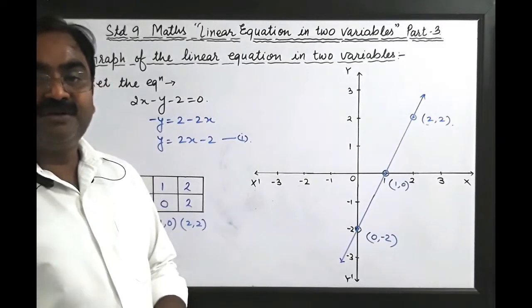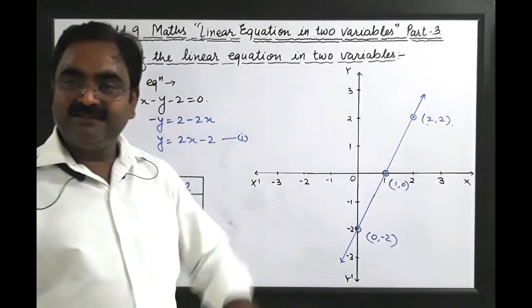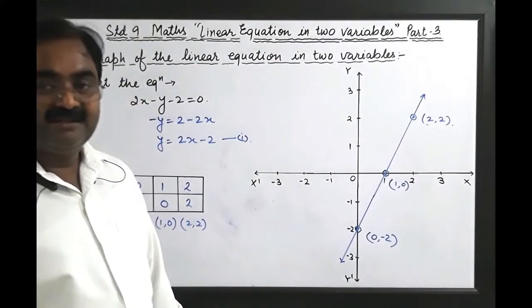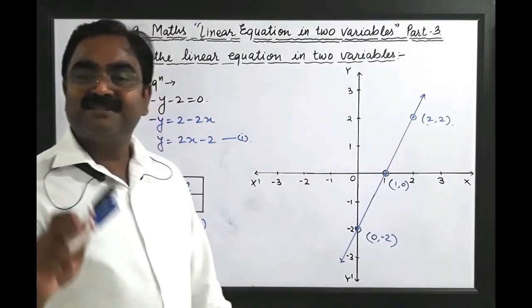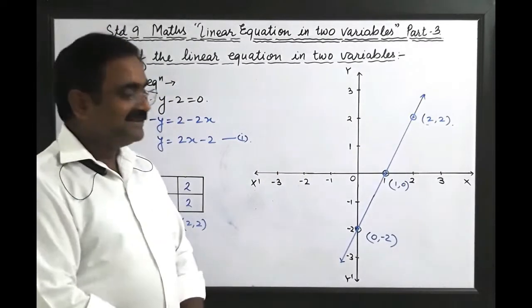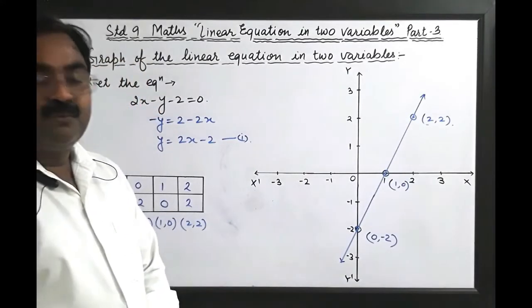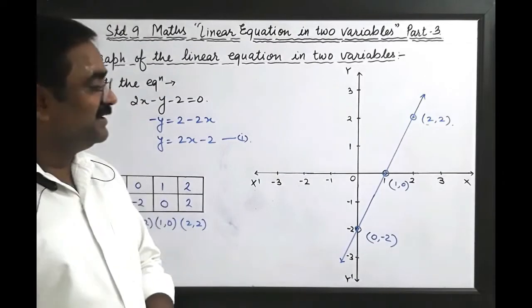Right children? So I think with the help of this video two things are very clear. The first, why this equation is called linear? Because the graph of this equation is always a straight line. The second thing is why this equation has infinitely many solutions.